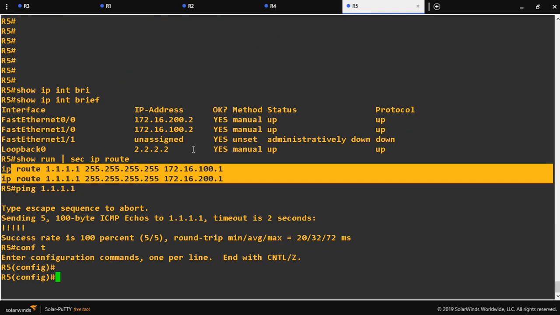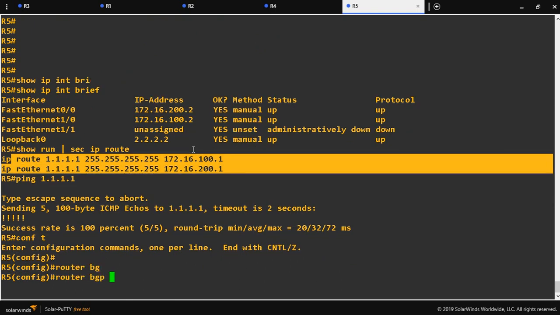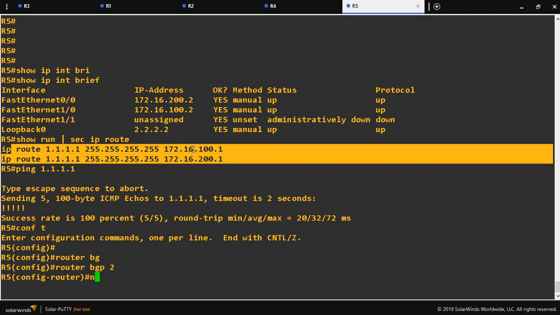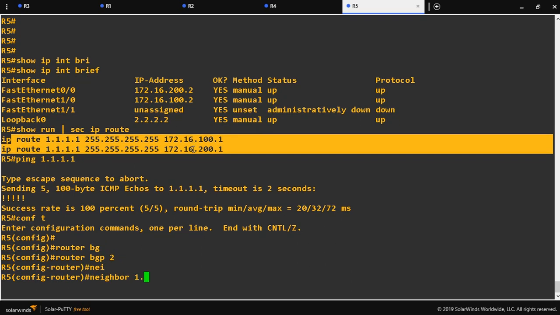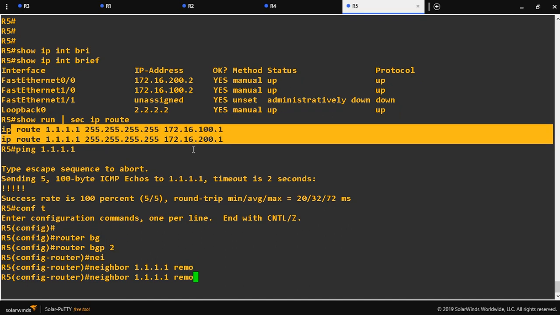So in global mode, router BGP 2. So neighbor IP is 1.1.1.1. Remote-AS is the syntax.